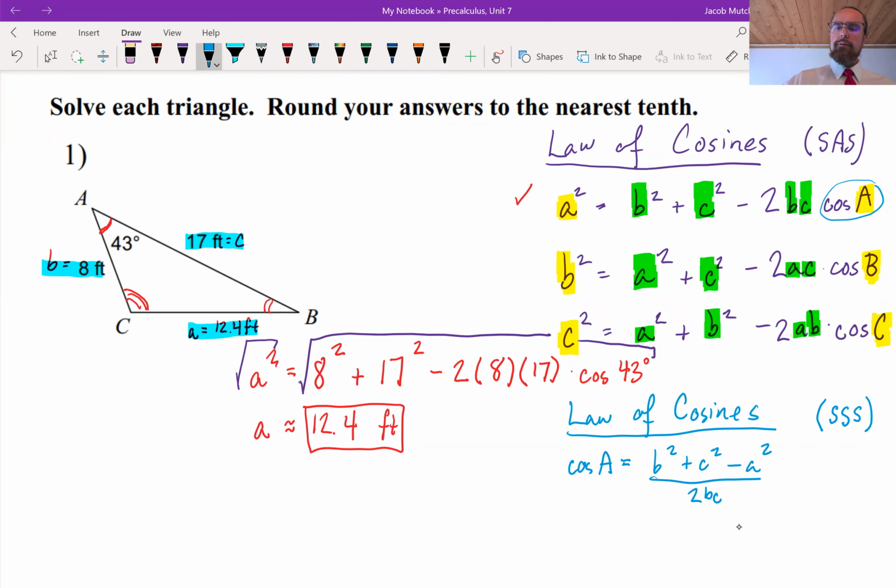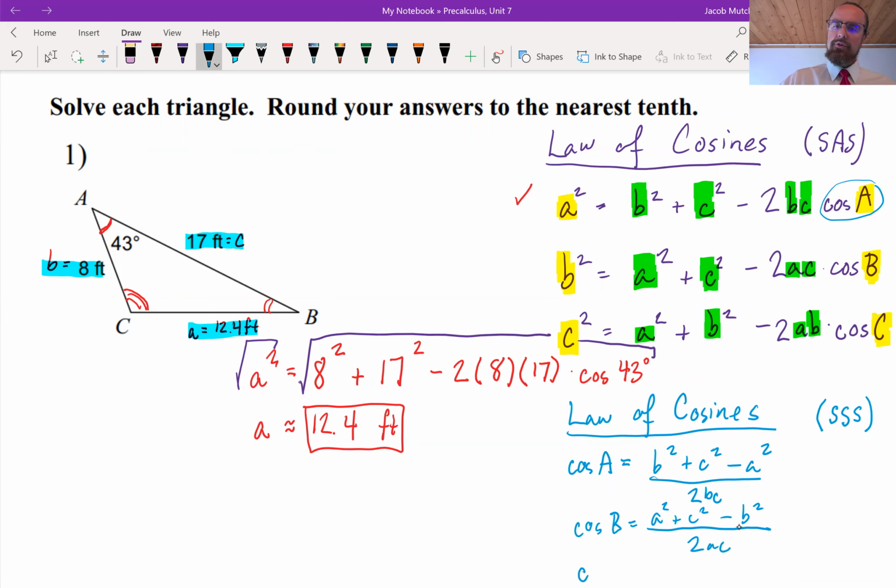We have 2 other versions, so you can imagine how they relate to this one, cosine of B. And the way cosine of B would look, and that's that second formula, it's going to be A squared plus C squared minus B squared over 2AC.